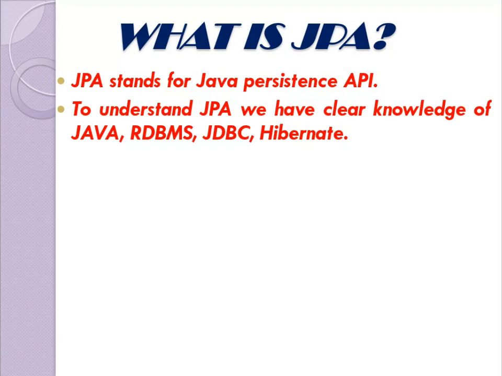JPA individually cannot work; it always works with an ORM tool integrated with it. Hibernate is integrated with JPA by default in Spring Boot. JPA is related to the database, so it is integrated in the persistence layer.